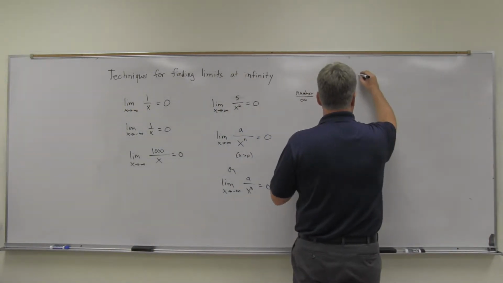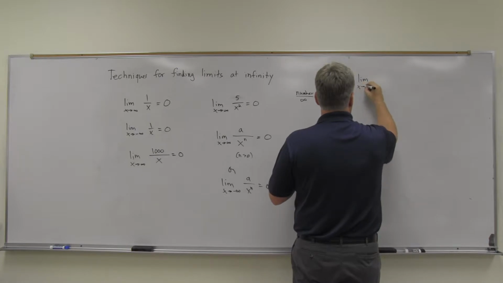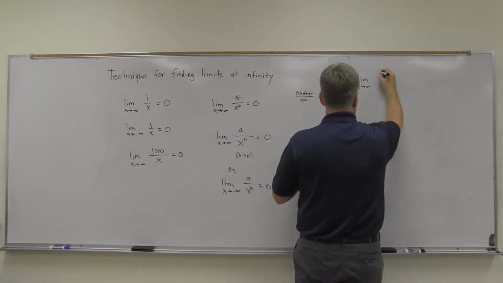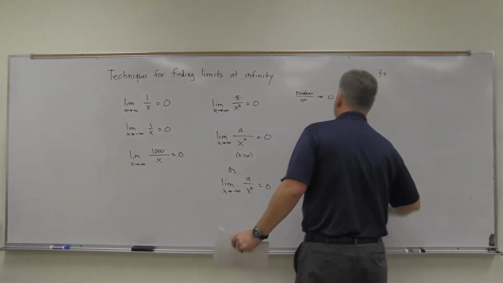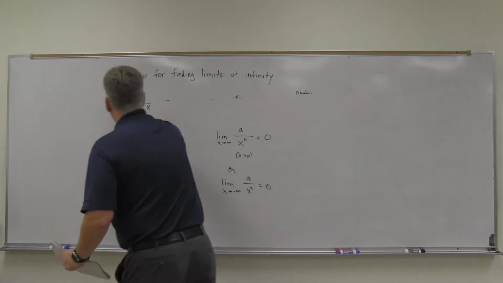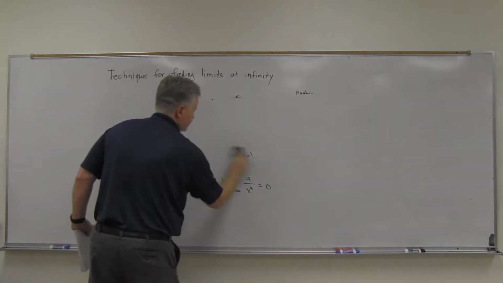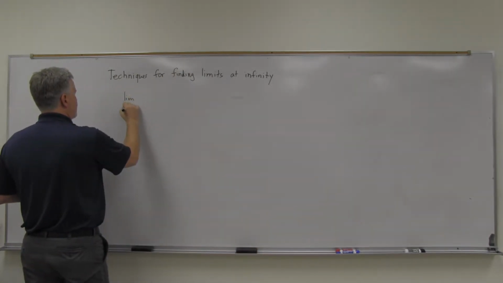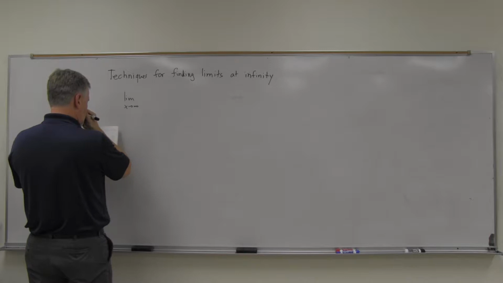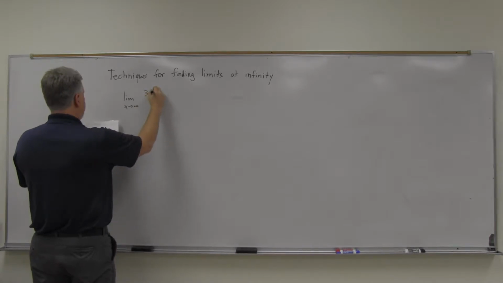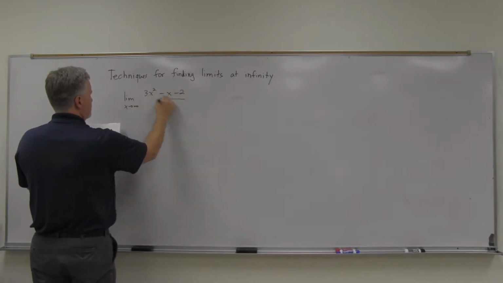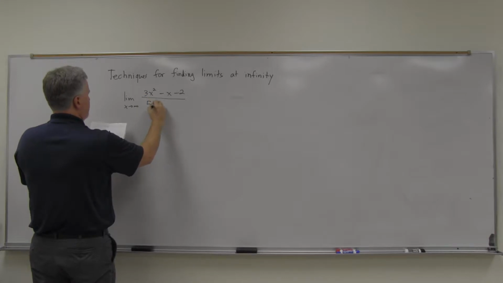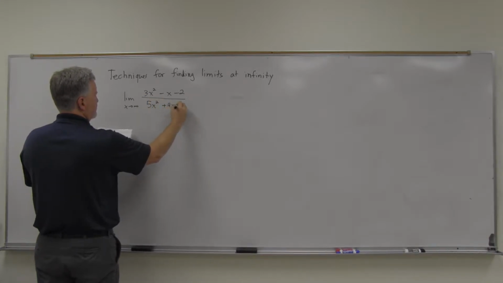Let's say I've got the limit as x goes to infinity of 3x squared minus x minus 2 over 5x squared plus 4x plus 1.